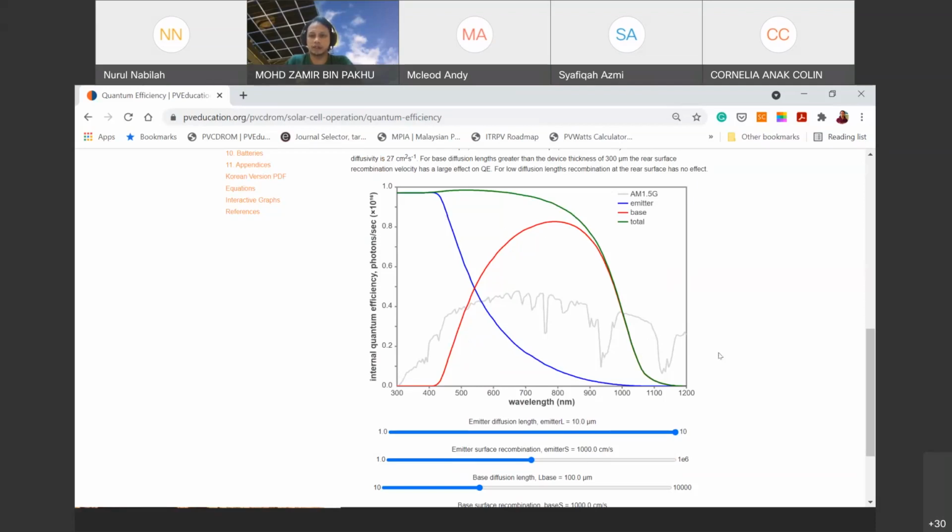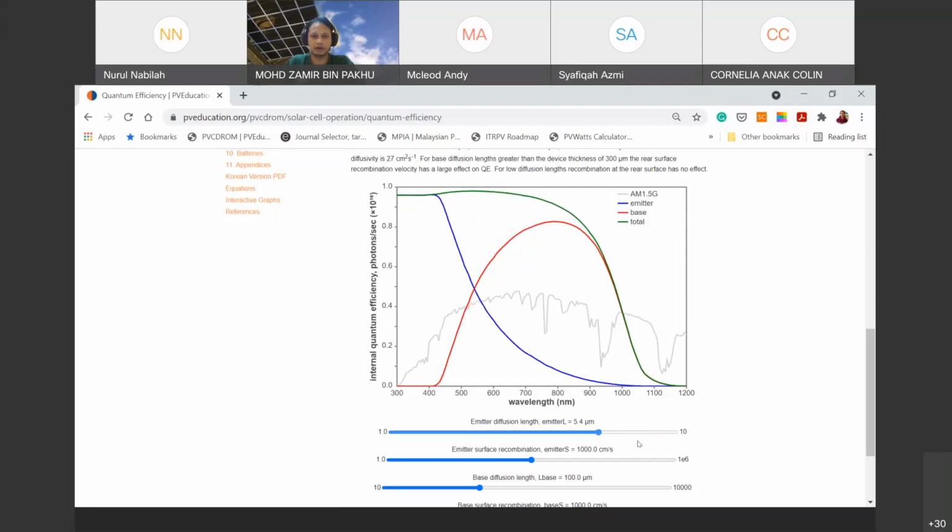So let's just try to play with this and look at the total and the components here, blue and red. What if your diffusion length is very, very low? Now it's sitting at 10 micron, which is way longer than is required because the typical thickness of the emitter is about 200, 300 nanometer. So if I slide this to the left, to a lower value, look at the change there.